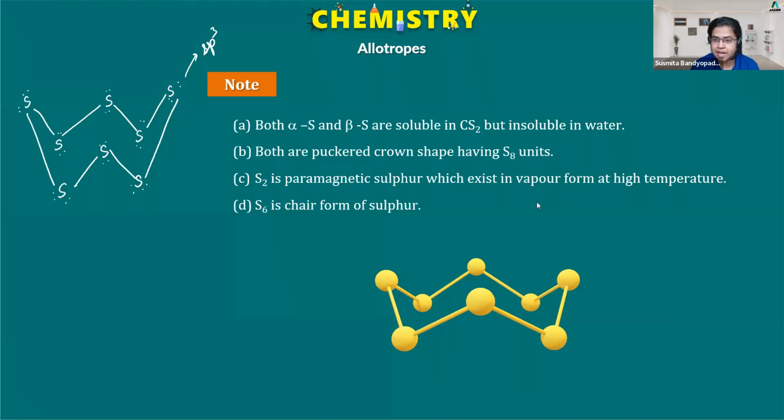S2 is paramagnetic in nature. What do you mean by that, and how do you justify it? O2 is paramagnetic by MOT. If I apply the same logic, because oxygen and sulfur have the same number of valence electrons, I can justify S2 to be paramagnetic.